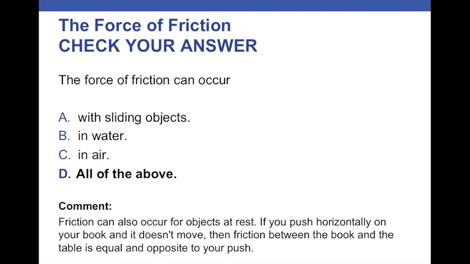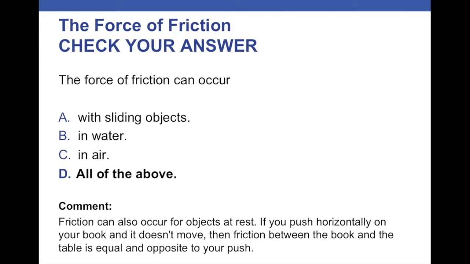The answer is all of the above, because with sliding objects, we just discussed that you have rough surfaces coming in contact. And water is a fluid that has to move out of the way of an object. It has a property called viscosity. It's thick, it's slushy, so that prevents things from moving freely without being slowed down.